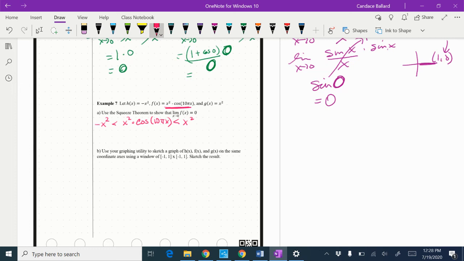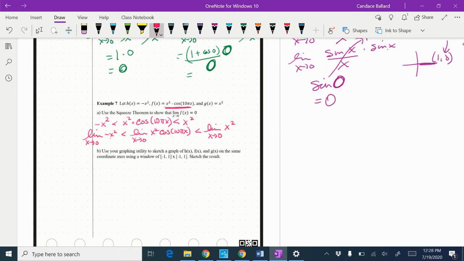Remember, whatever I do to the problem, I have to do to the whole problem. I need to figure out the limit as x approaches 0, so I'm going to take the limit of each one of these. The limit as x approaches 0 of negative x squared is less than the limit as x approaches 0 of x squared cosine of 10 pi x, which is less than the limit as x approaches 0 of x squared. I'm going to direct substitute in.